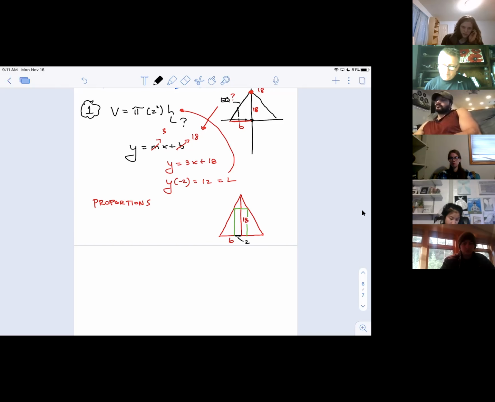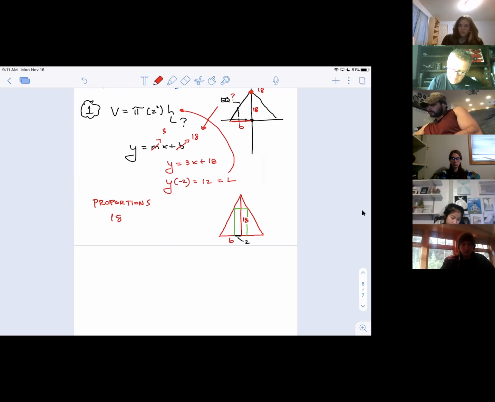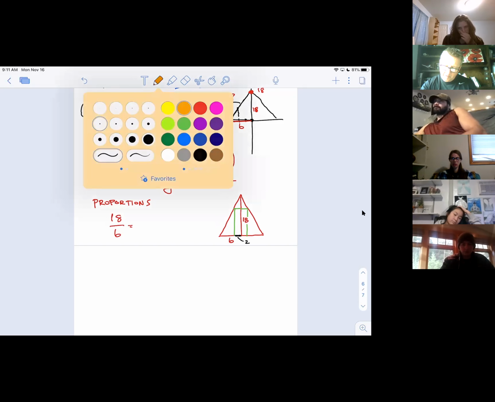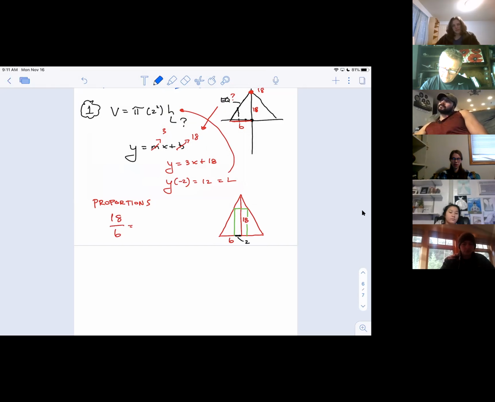Then one thing I could say is the proportion, the height of this right triangle to the base. So it's 18 to 6 in the red triangle. So I'll leave that in red. So I can say 18 is to 6 in the big triangle. Well, I need the height in it. So what would the second one be? Maybe I better not use orange. Or use blue. As this height here, because that's the height I'm after, is to this distance.